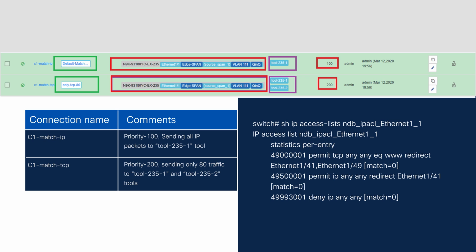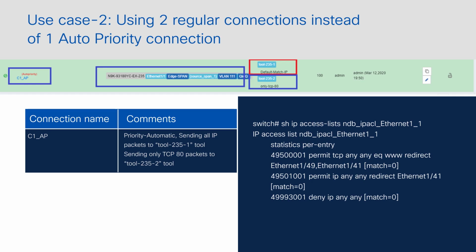As you can see, the ACLs on the source port, Ethernet 1/1, are as follows. If I were to create the same intent with an auto priority connection, all I need is just one auto priority connection. The name of the connection is C1_AP, and the superscript clearly indicates it is an auto priority connection.